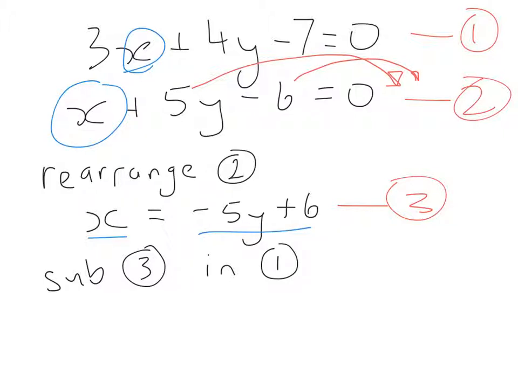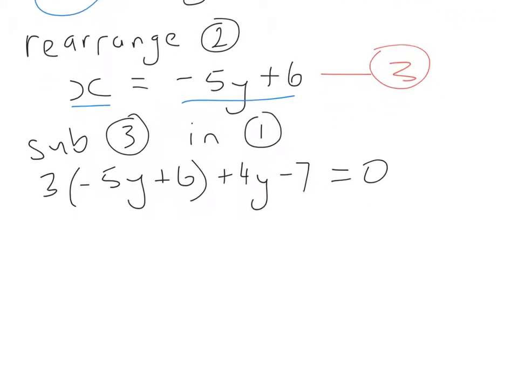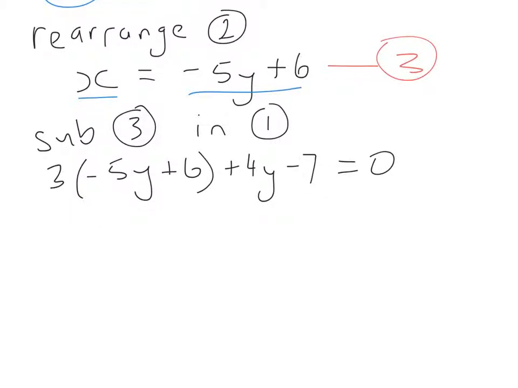So the equation that I now have to solve is 3 lots of negative 5y plus 6 plus 4y take away 7 equals 0. And again, we're just left with a single equation with a single variable of y, and all I have to do is finish this off.